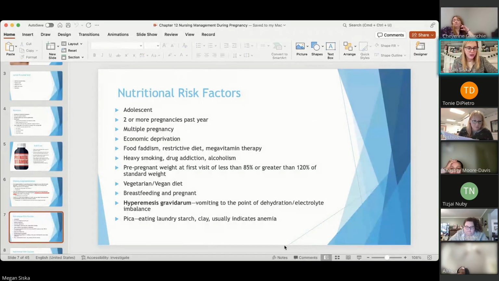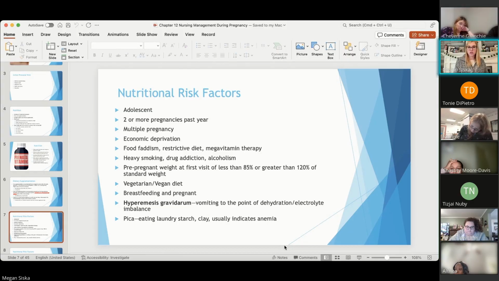So our adolescent patients, those who have had 2 or more pregnancies in the past year, if you have multiples like twins, triplets, whatever, issues with financial insecurities or food insecurities, someone who's on some type of diet, like a real restrictive diet, or a diet where they're taking a lot of supplements that are not tested with pregnancy, so we want to avoid those type of things.